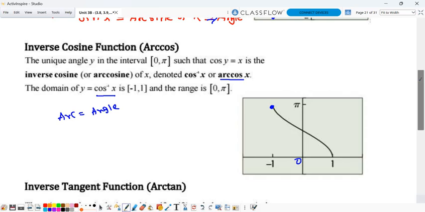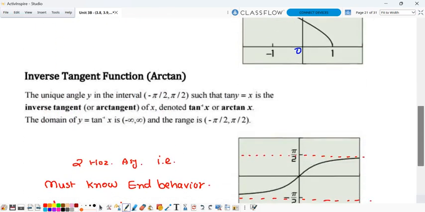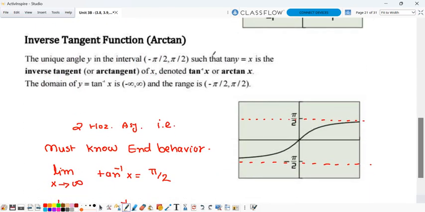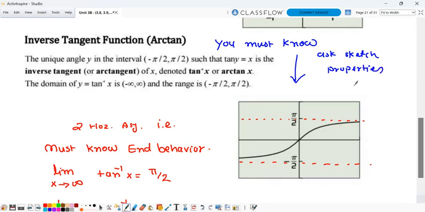Now you will not be asked to sketch the graph of sine inverse or cosine inverse, but you must know this graph. You must know this graph. It will be used. You will be asked about properties. Everything about the tangent inverse graph is important because we use it in calculus as well.